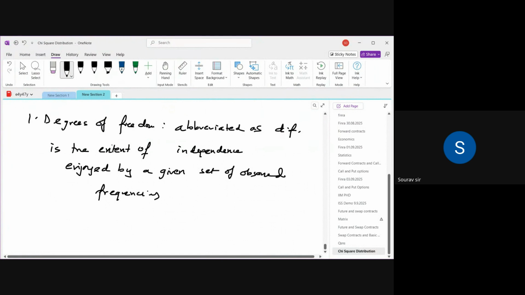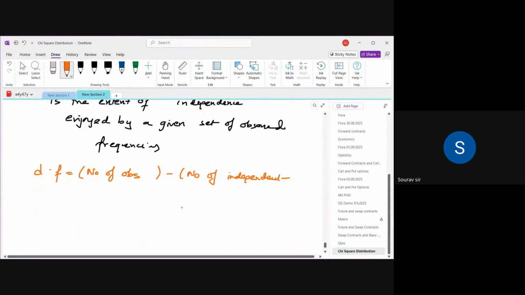So if I write the formula, DF is equal to the number of observations minus the number of independent constraints on them. So this is for the contingency table which I did for you.